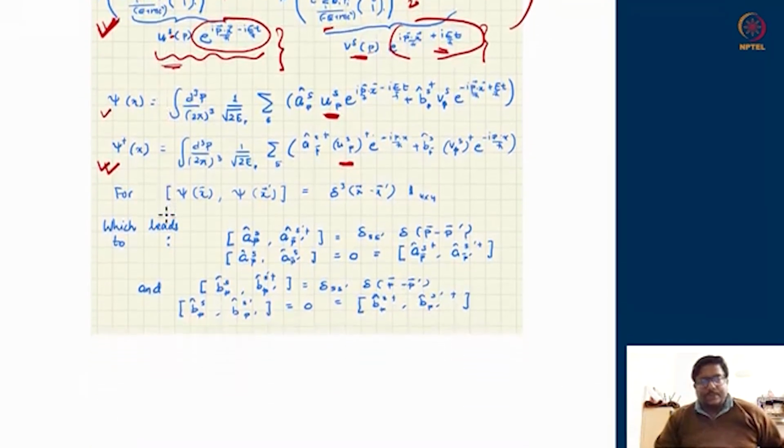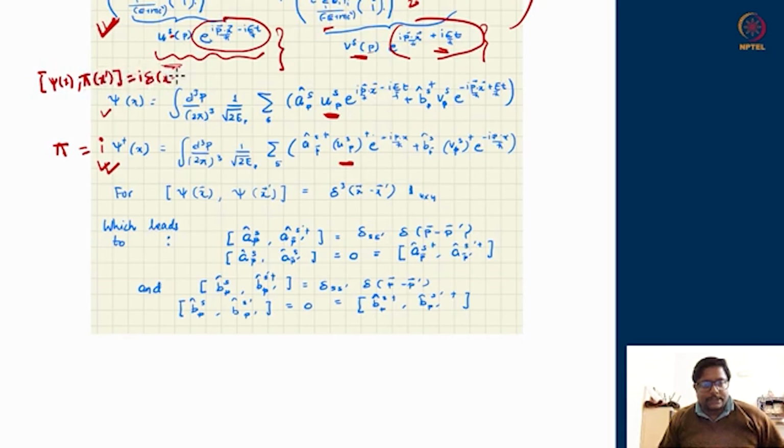Okay, so now we know that psi and psi dagger which we have obtained are not just independent quantities anymore in the phase space, but iota times psi dagger is supposed to be the momentum conjugate to psi. So the conjugate momentum of psi is pi, which should be iota times psi dagger, and I know that psi of x and pi of x prime should satisfy iota times delta of x minus x prime.